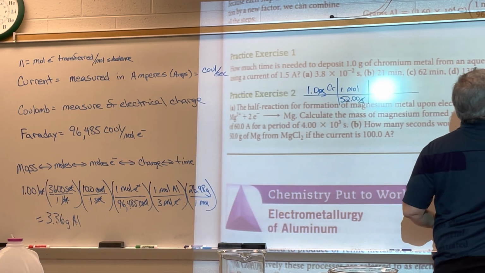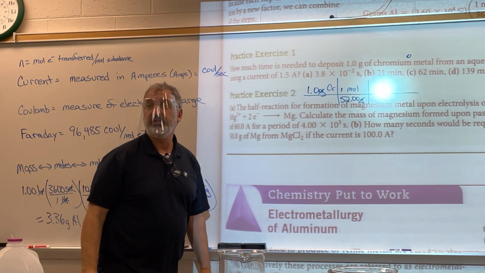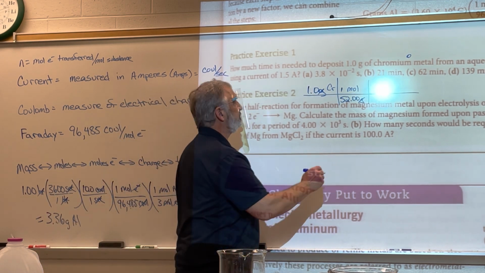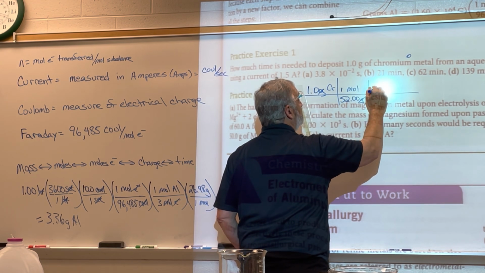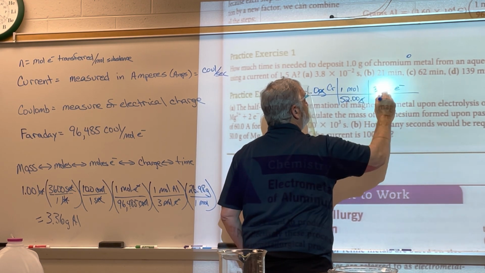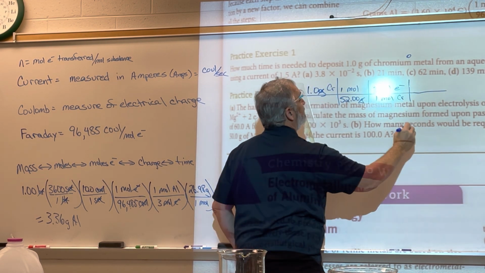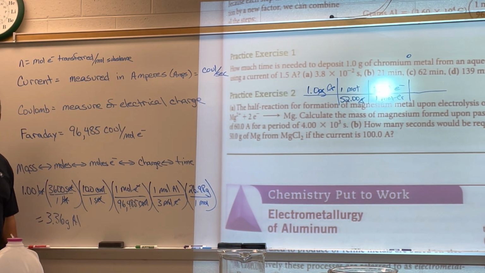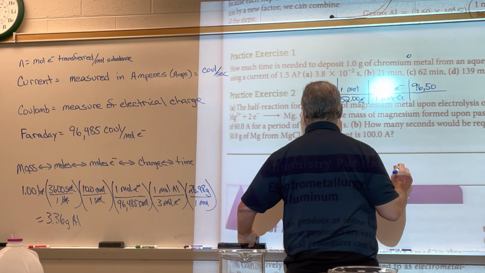Again it's +3, and the metal is always 0. So I put 3 moles of electrons for every 1 mole of chromium. Moles of chromium cancel, so I'm left with moles of electrons. What has moles of electrons in it? A Faraday. Moles of electrons go on the bottom, so it's 96,485, sorry.